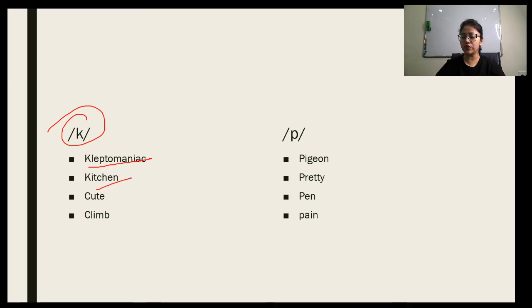Then you've got kitchen. Now look at these two words. One starts with C and the other also starts with C. The pronunciation for both is K. So you've got cute and then you've got climb. Can you give me more words which do not have K at the beginning, but the sound of the word is exactly like that of K, K. Cross, very good, Anvesha.